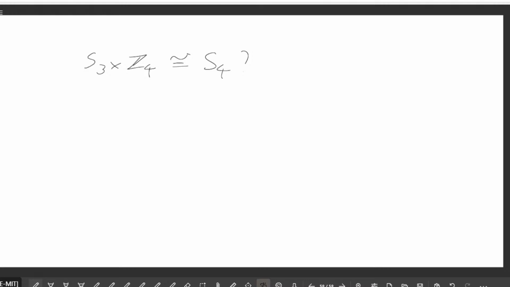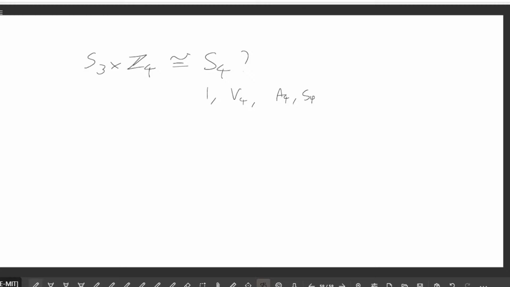Normal subgroups. The normal subgroups of S4 are 1, V4, A4 and S4. These are the only normal subgroups here. Clear? Another approach is the order of elements.